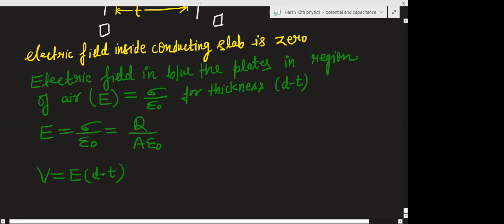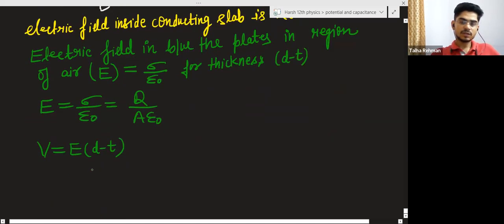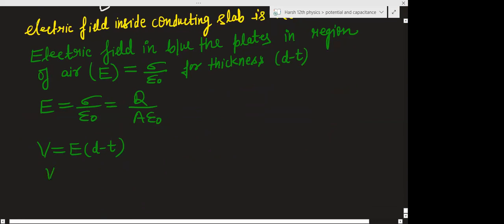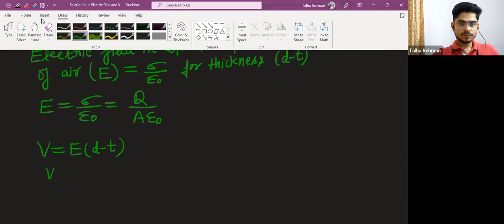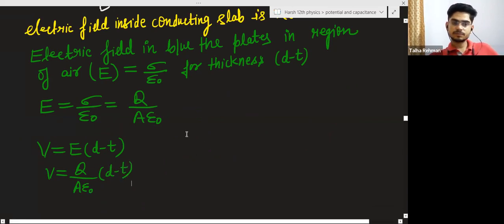Because the electric field inside the slab is 0, and the electric field exists only in the region d minus t. So you can put the value of electric field here, Q divided by A epsilon naught, times d minus t.